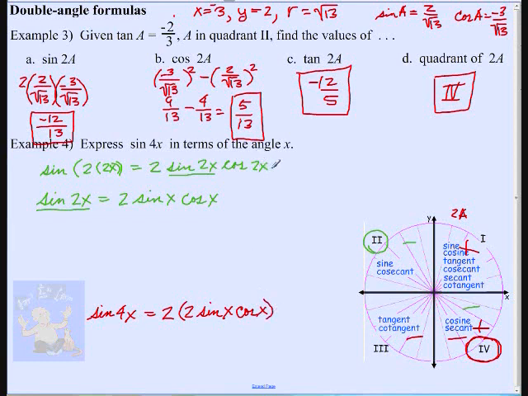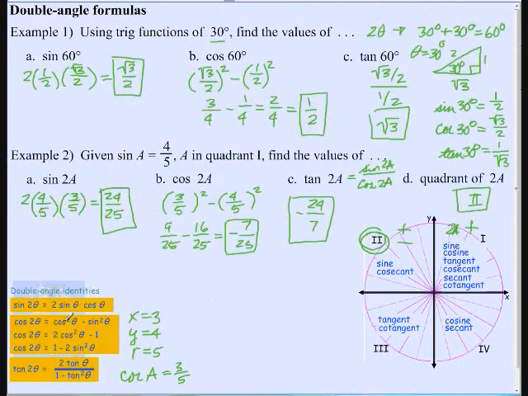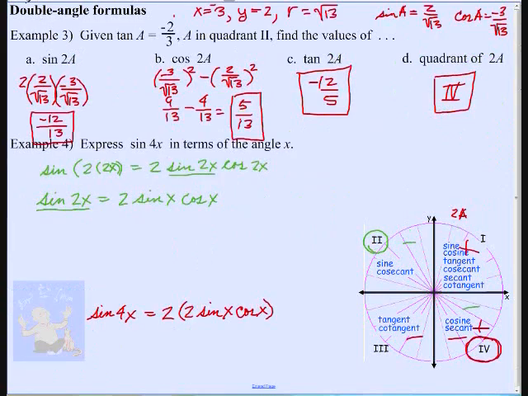And the cosine of 2x, if I were to keep it all in sine, it'd be 1 minus 2 sine squared x.